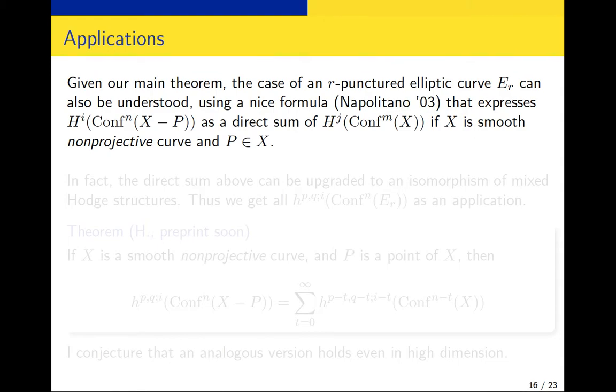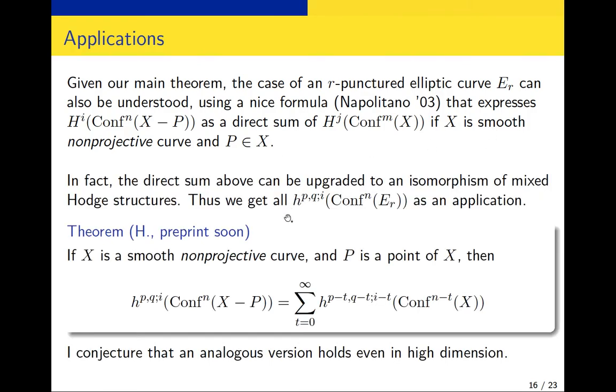So they answer the question of how to read and comprehend the combinatorial formula for these Betti numbers by Drummond-Cole and Knudsen in the case of genus 1. And in fact, this result of Napolitano can be upgraded to an isomorphism of mixed Hodge structures. As a result, we get all the mixed Hodge numbers in this case.